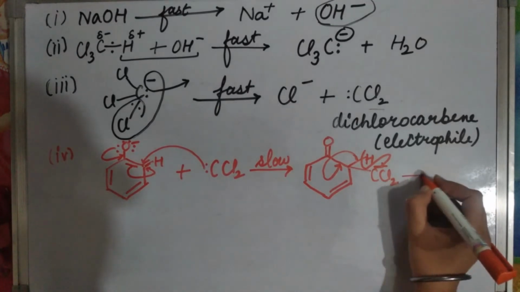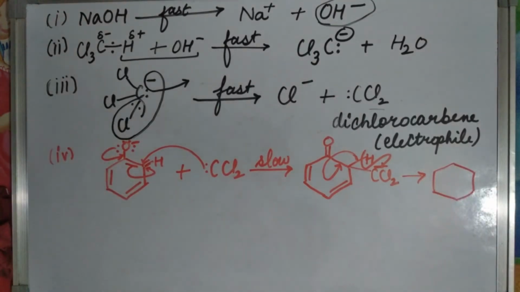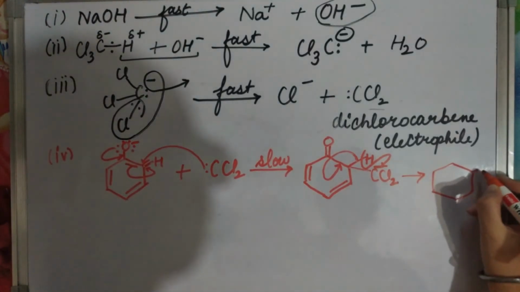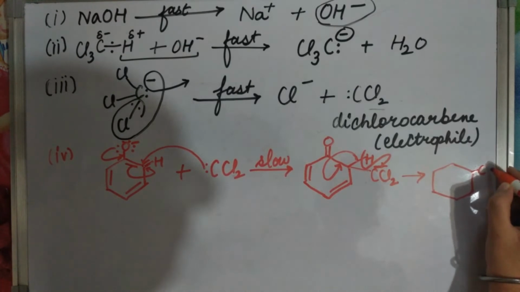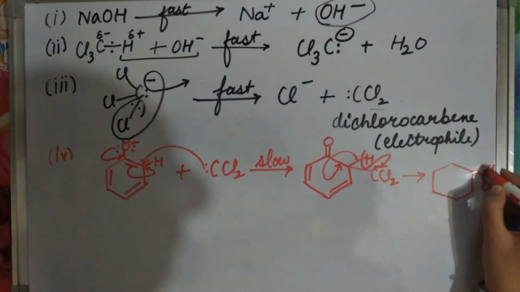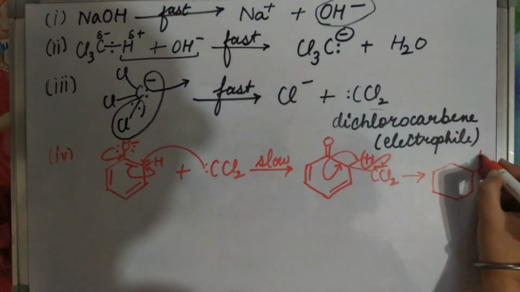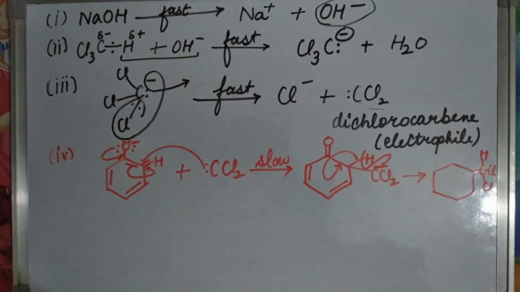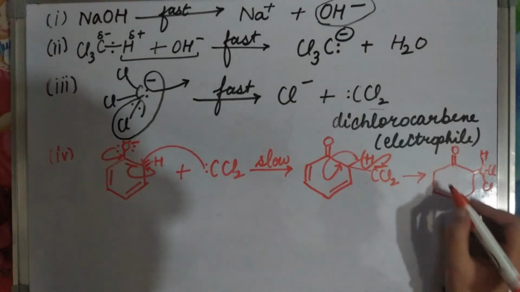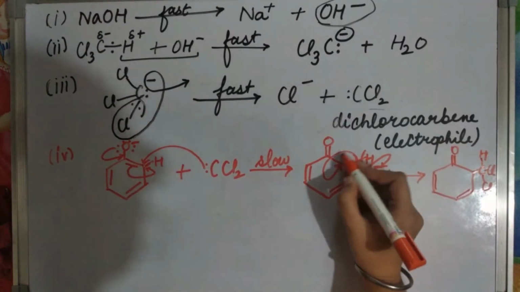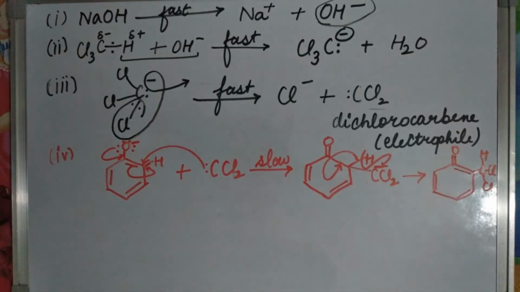So what happens? The ring as it is. Here we get C, that is the carbon of carbene, and two chlorines, 1 and 2, and one hydrogen that is now attached to the carbon, and the rest part remains the same. Now this bond also shifted to this bond, so one double bond here also.